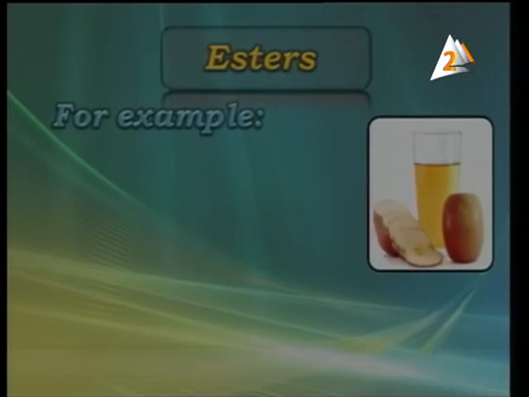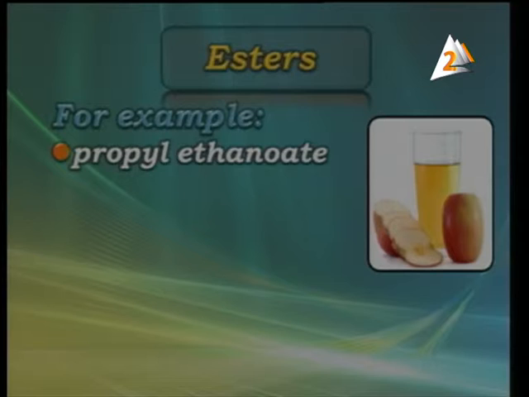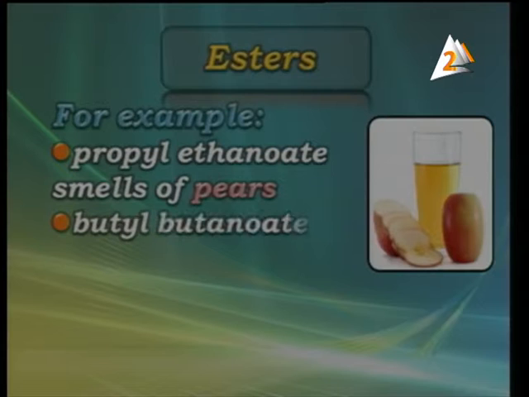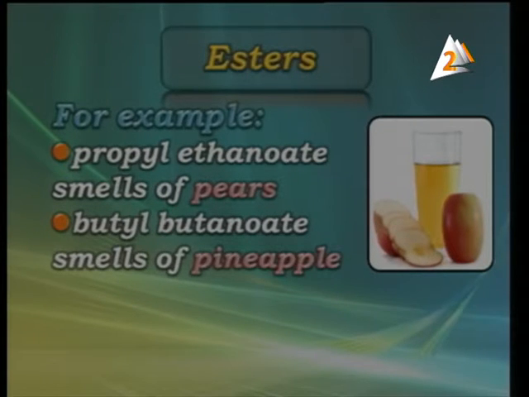Here we have examples in this picture. We have apple, which has a characteristic odor, or a good smell. But here we have propyl ethanoate, which smells of pears. Pears means كمثرى. And we have butyl butanoate, which smells of pineapple, ananas.